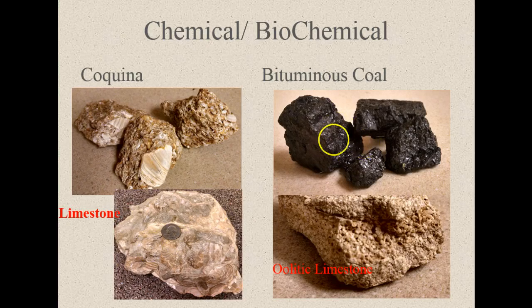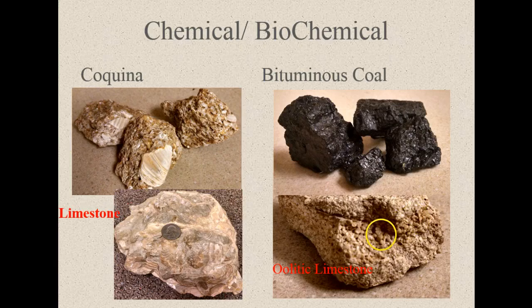We have a bituminous coal up above, so this is from essentially the breakdown, or compaction, of altered plant remains. And then finally we have down here at the bottom an oolitic limestone.